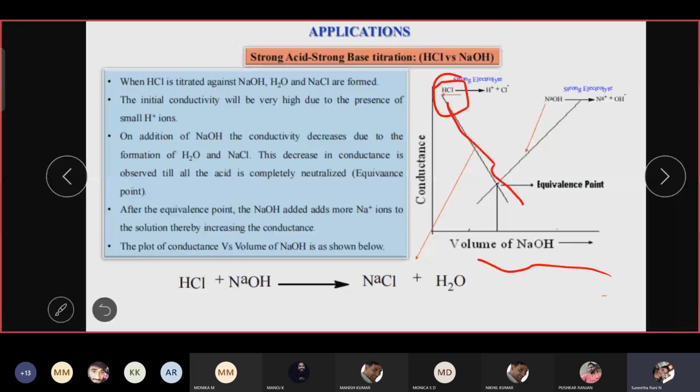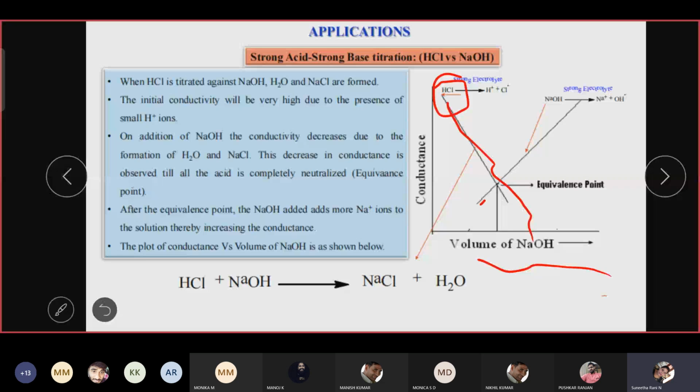Once it reaches maximum neutralization, upon further addition of NaOH, the conductance increases because of the strong base. So for a strong acid, initially it shows maximum conductance, slowly it decreases, then again it increases. We get only one equivalence point.